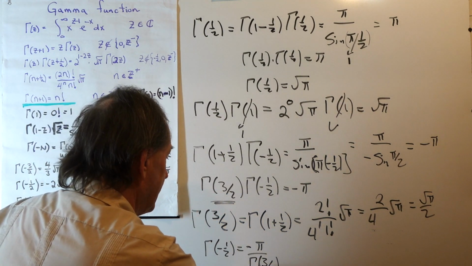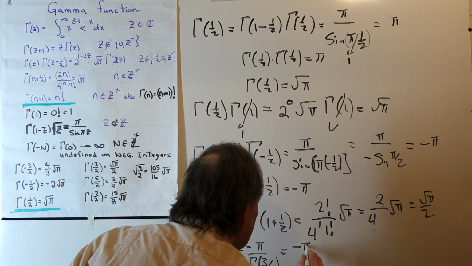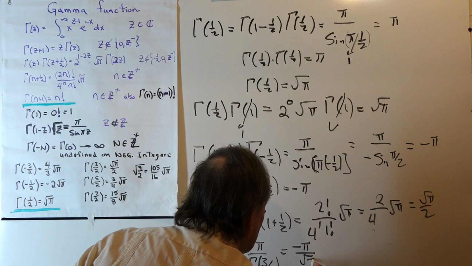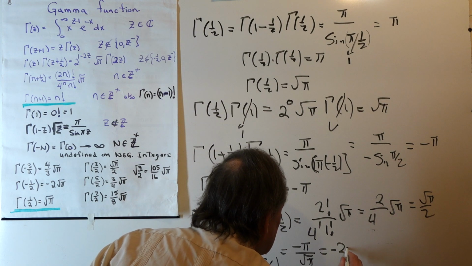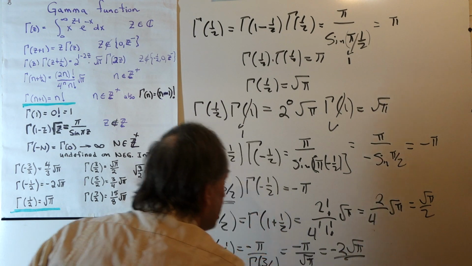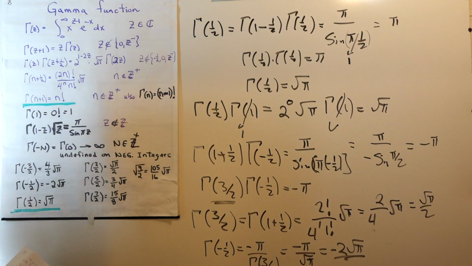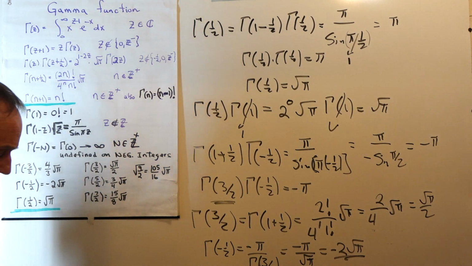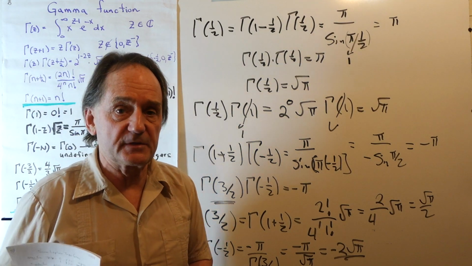Gamma of 3/2 is square root of pi over 2, so this becomes minus pi divided by square root of pi divided by 2, or minus 2 times the square root of pi. So that's the value for gamma of minus 1/2. So that's how we can use some of these relationships to give us values of the gamma function. Now, we'll talk a little bit about some Laplace transforms that we'll use.